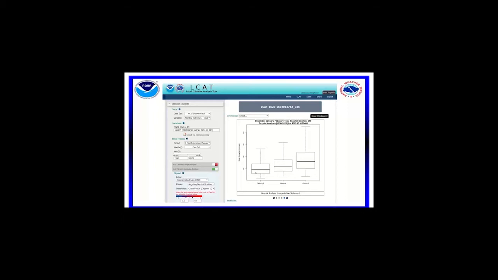What's pretty cool is that you see a robust relationship between the ONI, or El Nino and La Nina, and seasonal snowfall. El Nino has a higher range, higher mean, and higher extremes than La Nina.